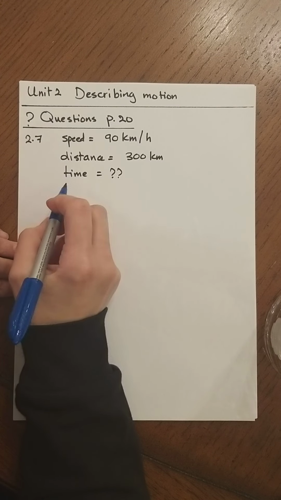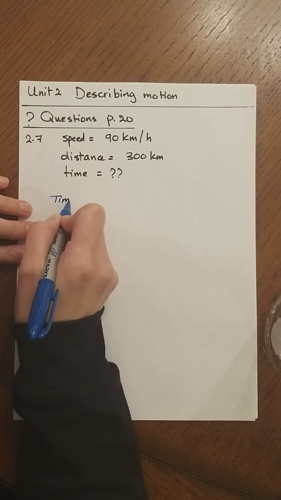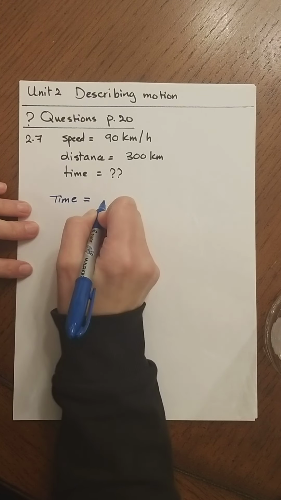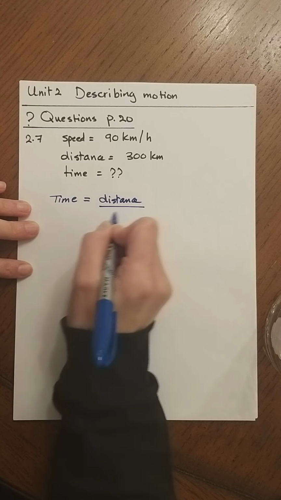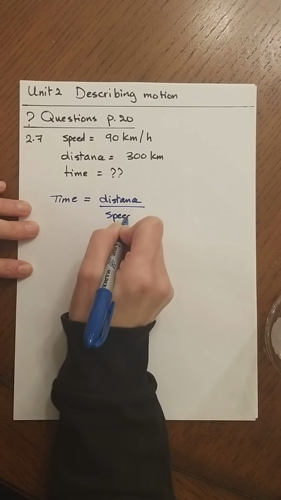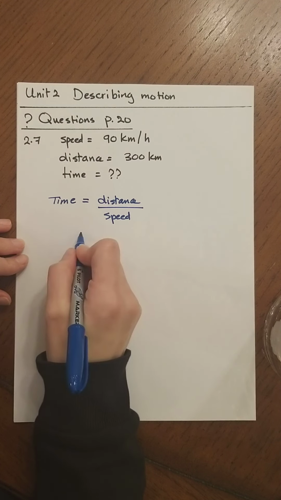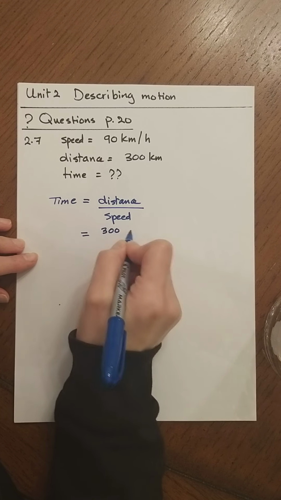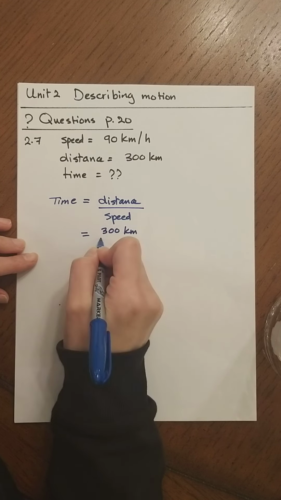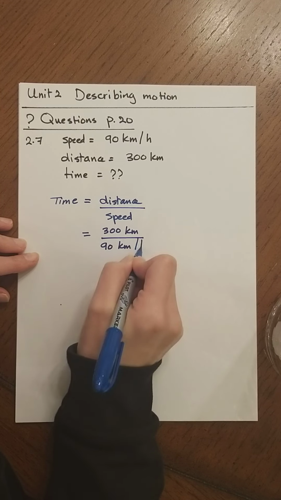So, time equals distance divided by speed, equals 300 kilometers divided by 90 kilometers per hour.